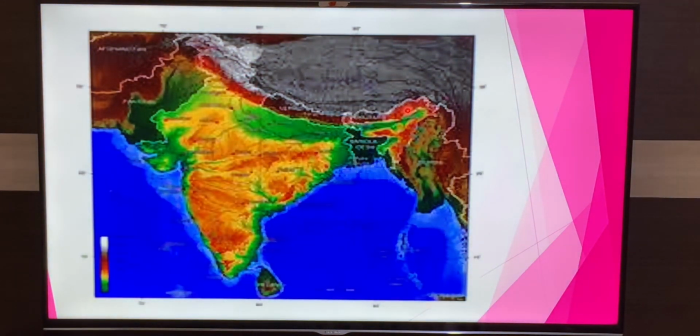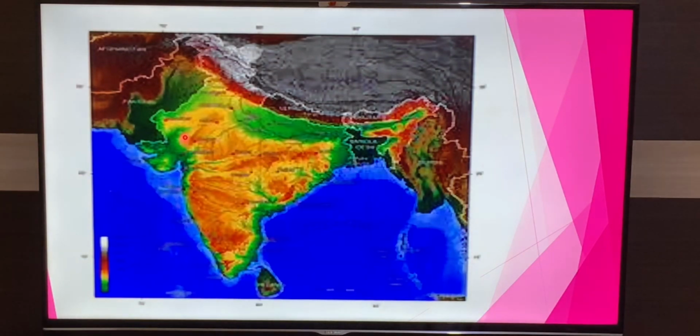The brown color you see is the Northern Mountain. Next, Northern Great Plain, the green color you see here. You can also call it the Gangetic Plain.